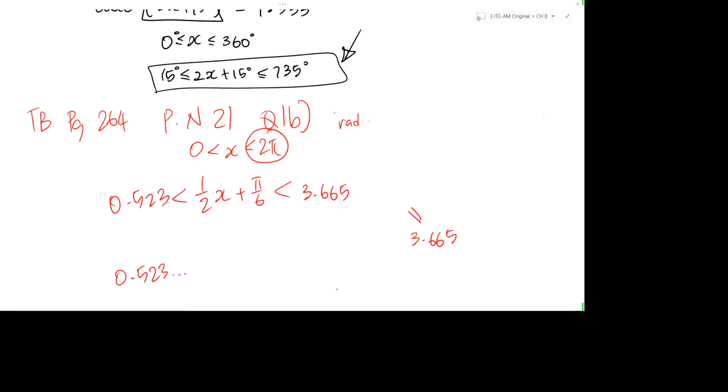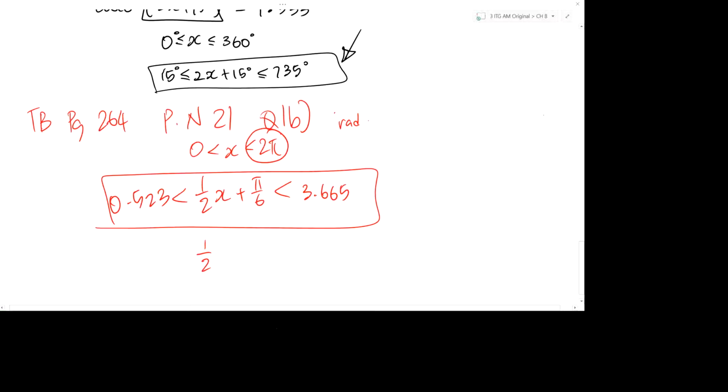So what is the advantage of leaving it in this manner versus leaving it like this? Half x plus pi over 6, 7 pi over 6 to pi over 6. Okay, what is the advantage for the one that is boxed up? Subsequently, when you add all your 360s everywhere, you minus 360 everywhere.